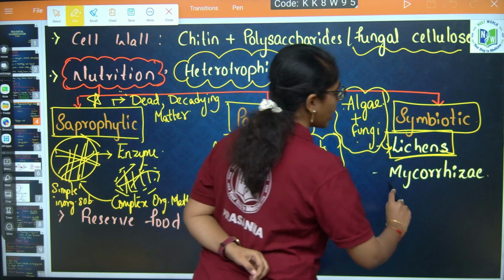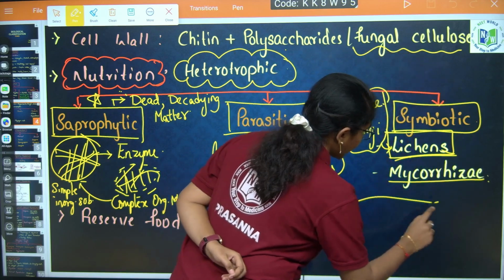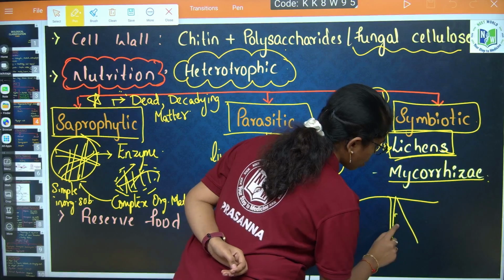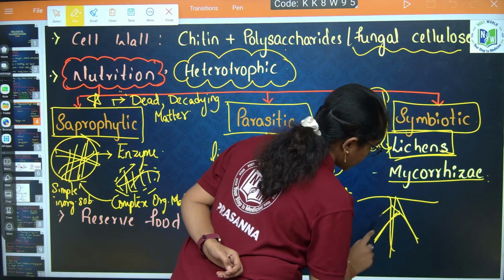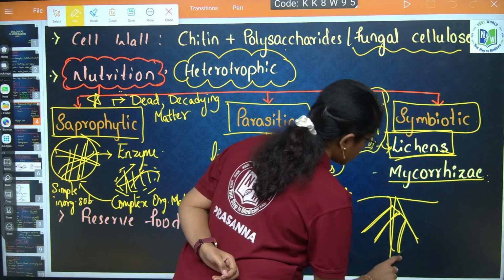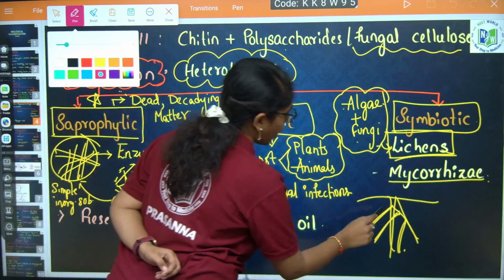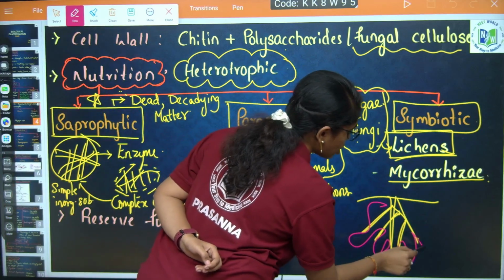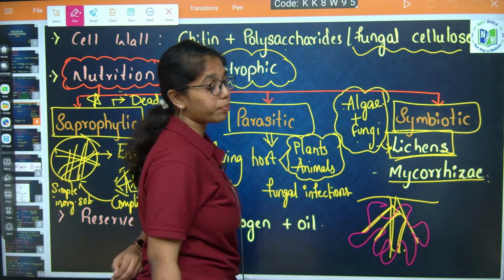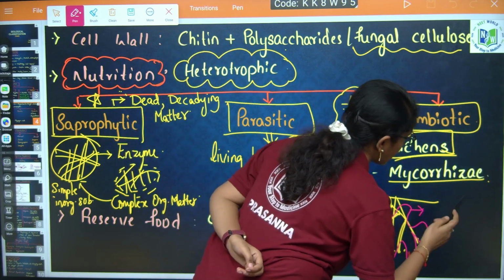If you look into mycorrhiza, it is fungi associated with roots of higher plants like Pinus. This association of fungi with roots of higher plants will increase the surface area.